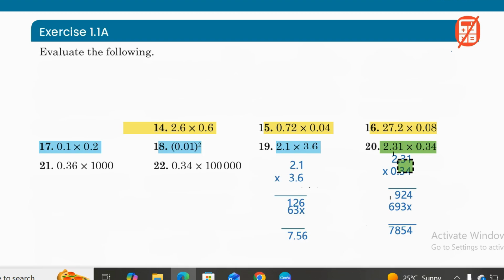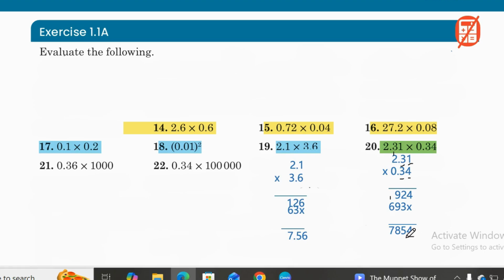Now what we need to do is count the number of decimal places. You can see we are going to count 1, 2, then again 3, 4. So we have to count 4 places from the right to the left to put the decimal.